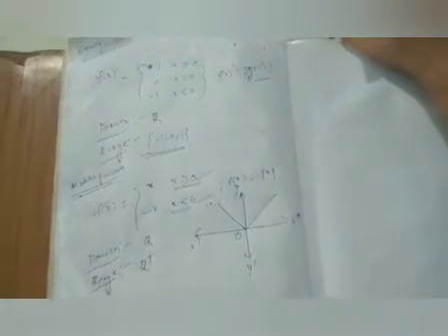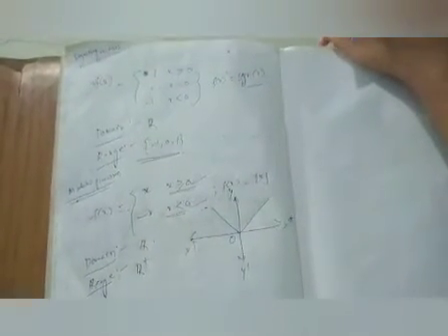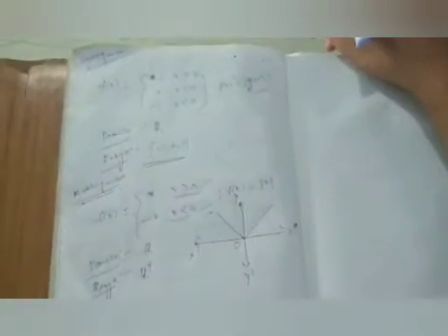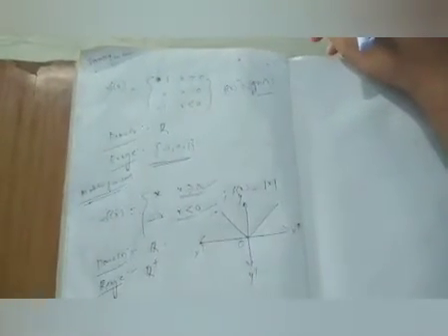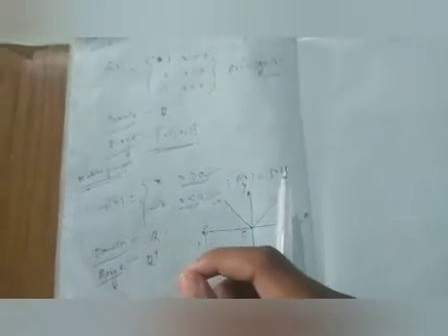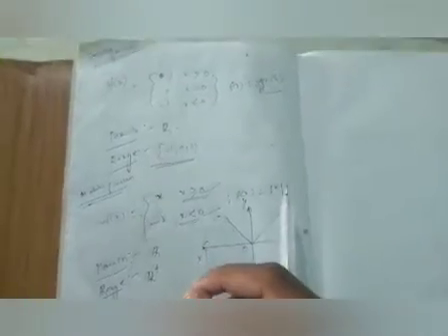There are some more functions to discuss, and we can analyze them. We can find the domain, range, and we can know the graphs, but for now, we shall skip that part, and let us get into some types of functions.